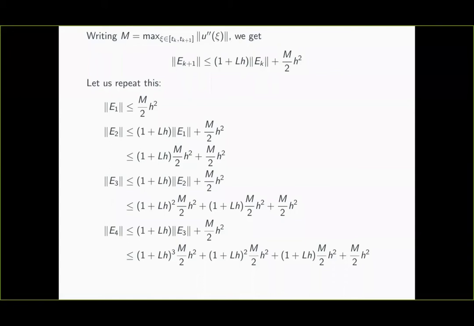Okay, we got this recursive formula that gives us upper bounds for the errors at the different time steps, t0, t1, t2, and so on.